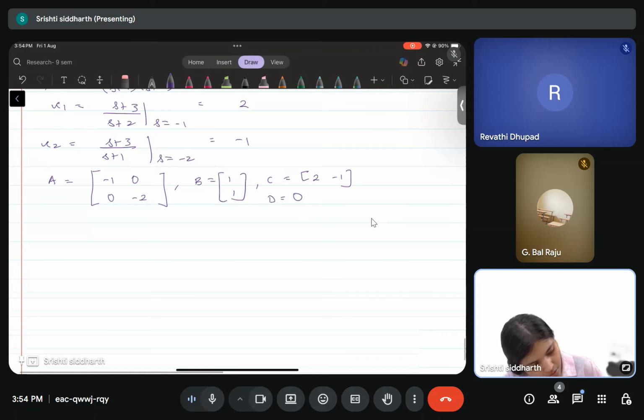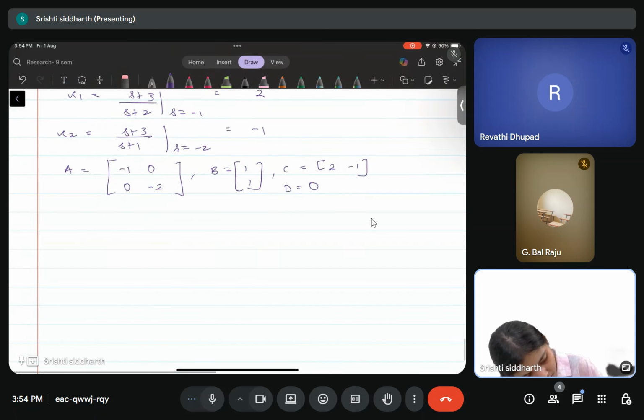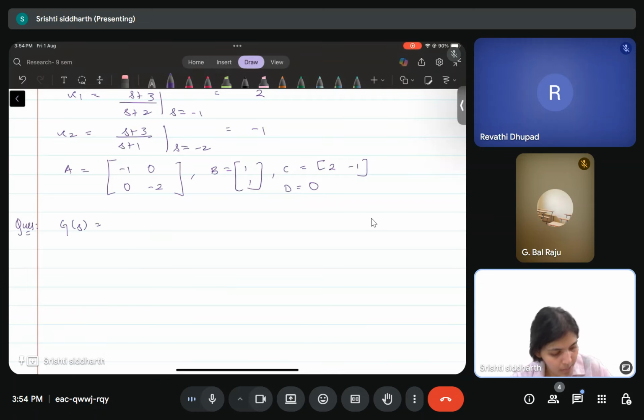Let's look at another question. So the transfer function is G(s) equals s plus 3 over s cube plus 9s squared plus 24s plus 20.